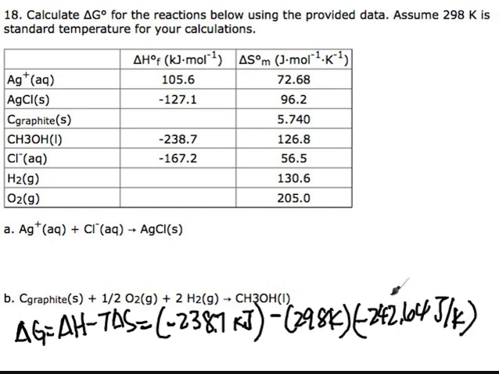Okay, and so we want to convert this to kilojoules. So this would be also times 10 to the minus 3. So this equals, to give us kilojoules, and so this gives us a number of minus 166.39 kilojoules. So again, this is a spontaneous reaction at 298 Kelvin.